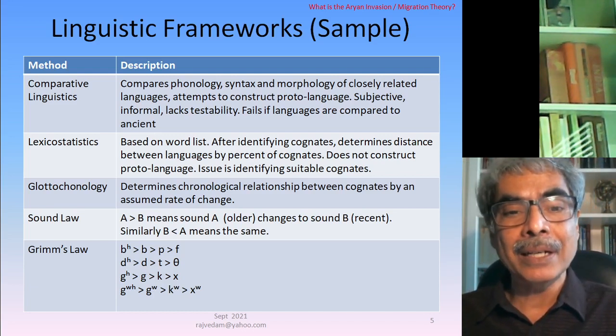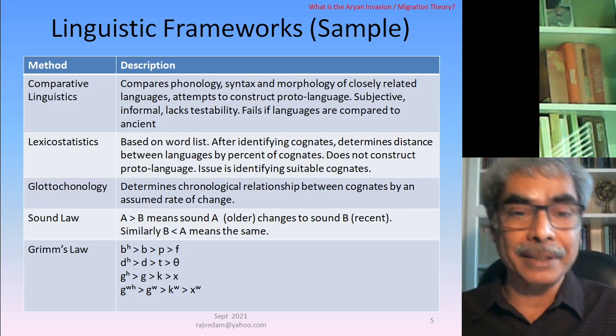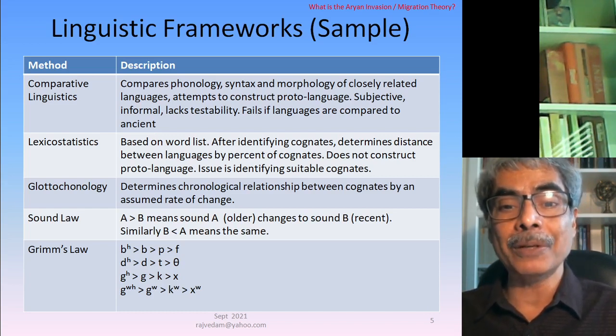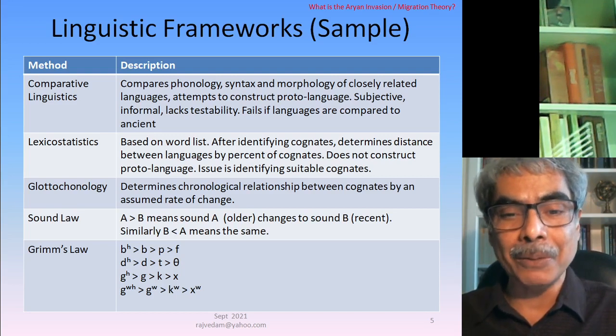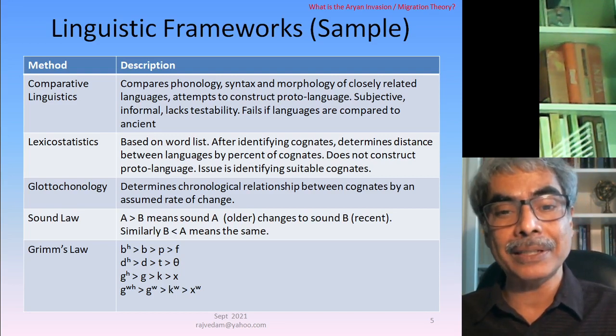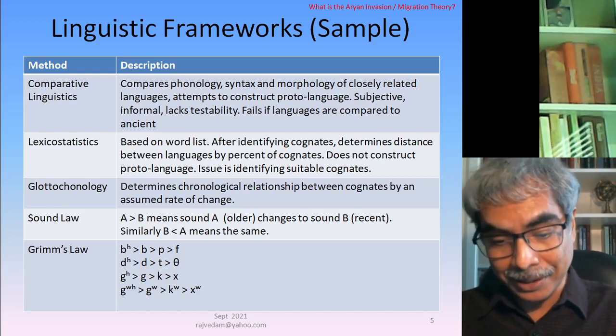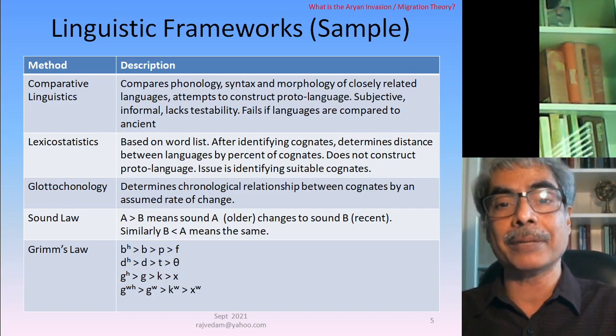And one such law is, for example, Grimm's law, where the hard bha is an older version than bha, older version than pa, older version than fa. So one gets an idea how these kinds of word changes from one language to the other, how the sounds change, was used to construct some kind of rules.